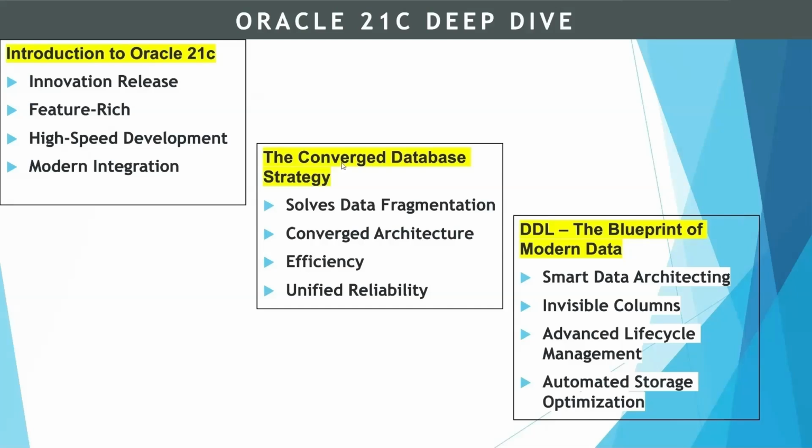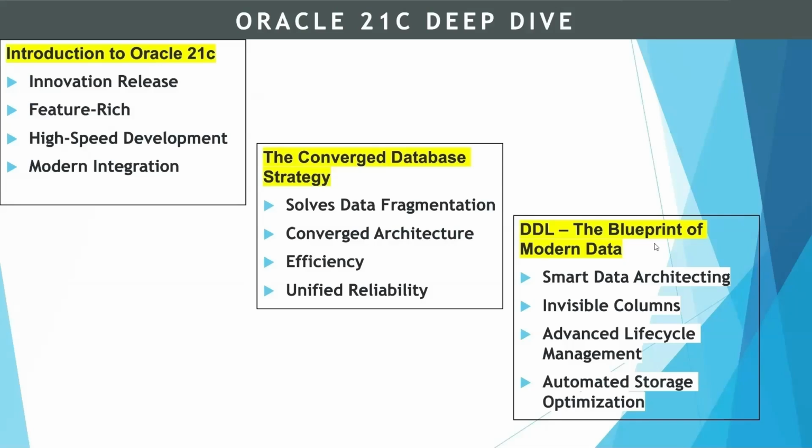And the converged database strategy: one engine for all data, with native support for JSON, graphs, spatial and relational in a single database. There are no more expensive ETL processes between different specialty databases, and consistent ACID guarantees across the data types you use, with unified security.